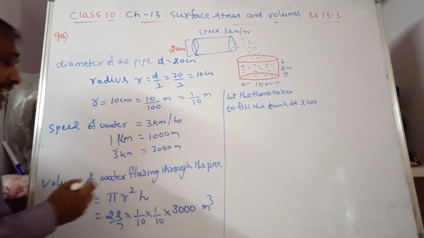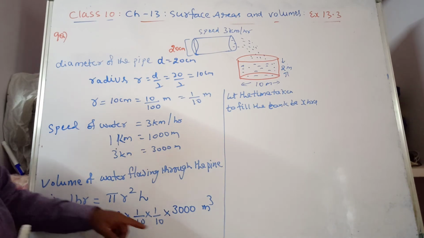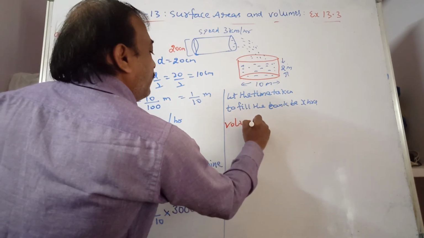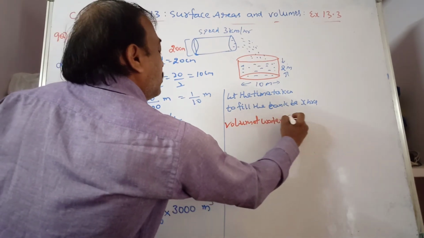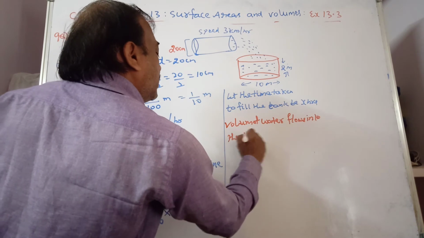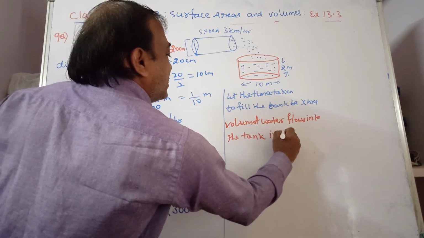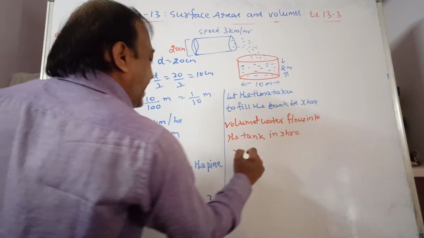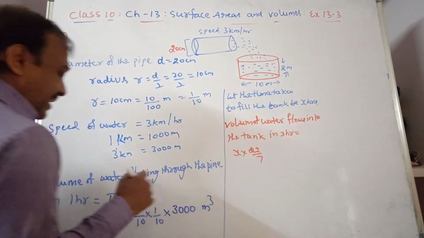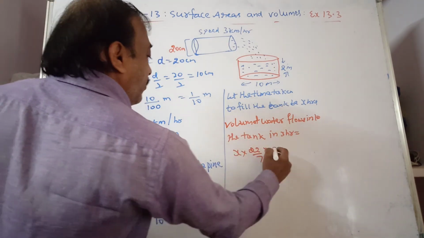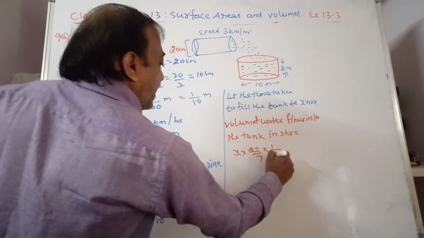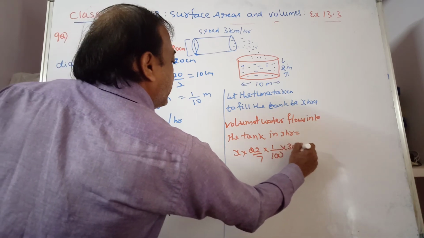In 1 hour this much volume is going, so volume of water that flows into the tank in x hours is equals to x into 22 by 7 into 1 by 100, 10 tens are 100, into 3000 meter cube.